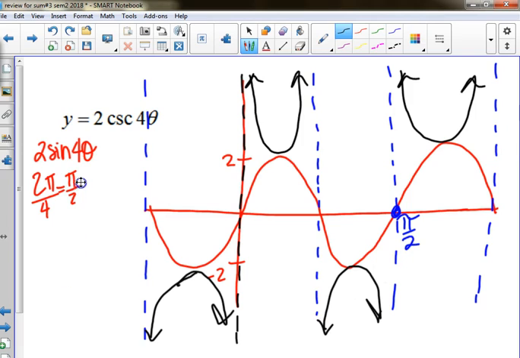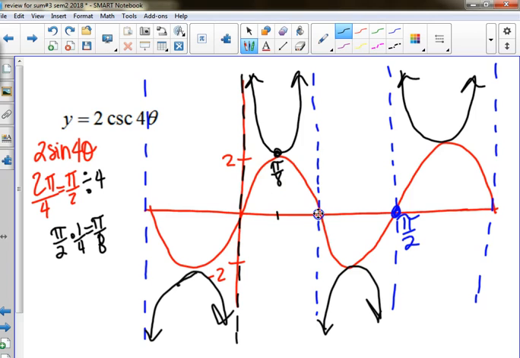Well, on the original graph, if it was a period of pi over 2, how do we find quarter points? We divide it by 4, which is multiplying by 1/4, which is pi over 8. So on our original graph, this was pi over 8.